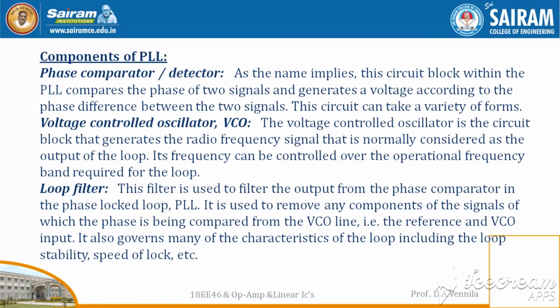And this voltage control oscillator will generate the radio frequency signal that is considered as the output of the loop, and its frequency can be controlled over the operational frequency band which is required for the loop. So the frequency generated by the VCO will be in the range of radio frequency. This is very important.